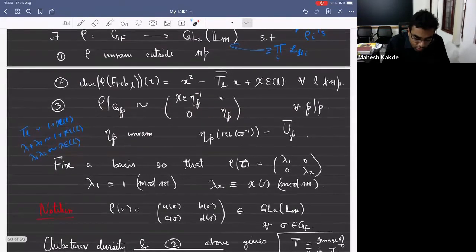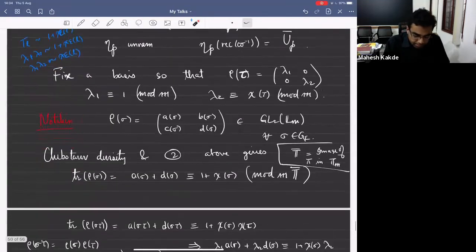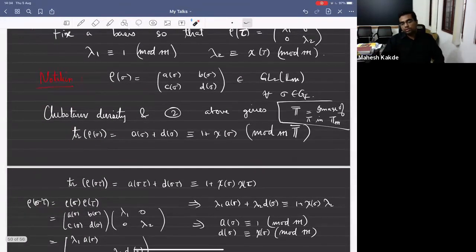What is rho of Frob L? We know what that looks like, at least we know what its trace and its determinant look like. The trace of rho Frob L is the image of this Hecke operator TL, and the determinant of rho Frob L is this chi epsilon times L. If you know something at Frobenii of sufficiently many primes, then you know it everywhere by Chebotarev density, right?